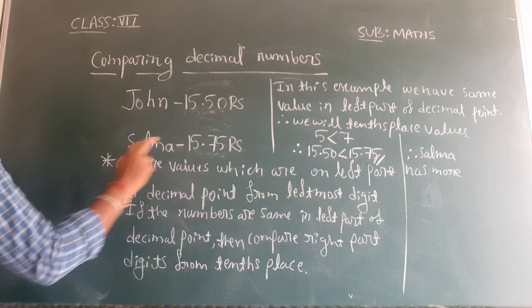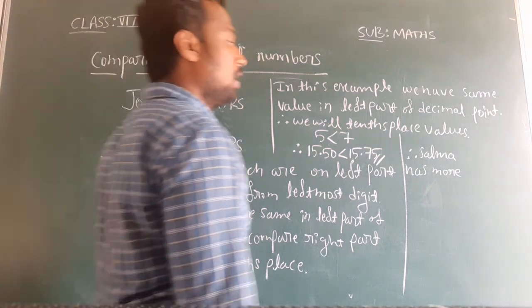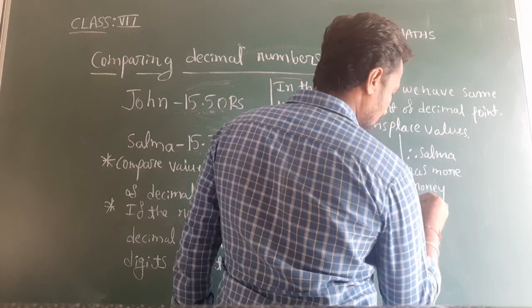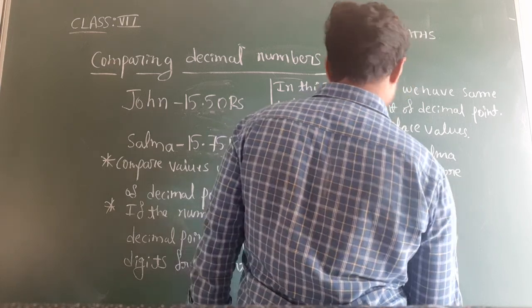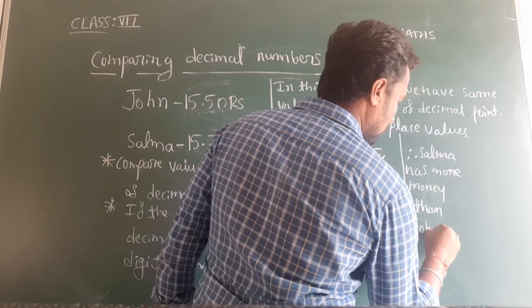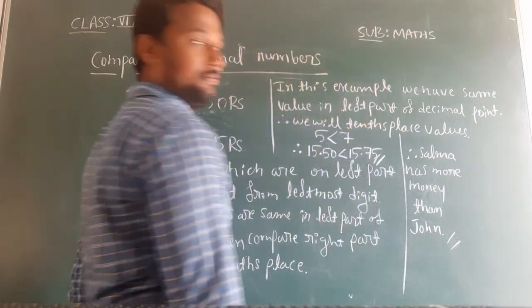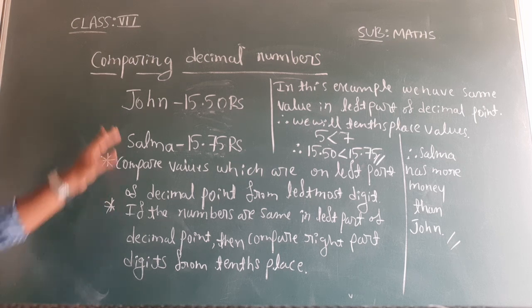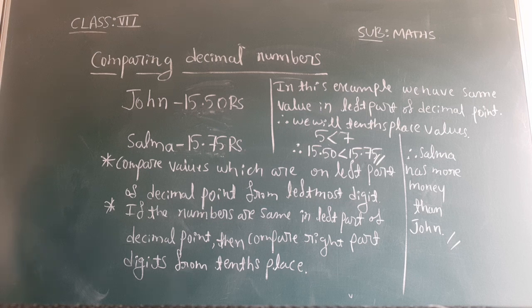Who has that? That is Salma. Therefore Salma has more money than John. Okay. So with this example we can understand how to compare decimal numbers.